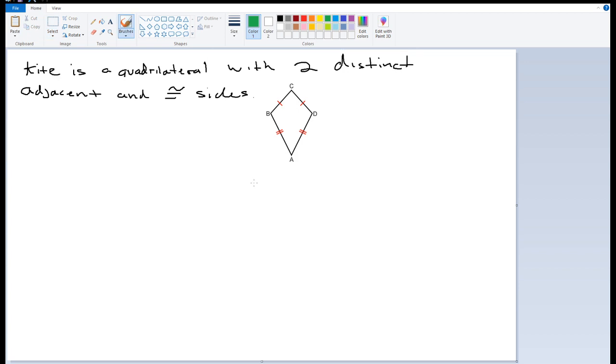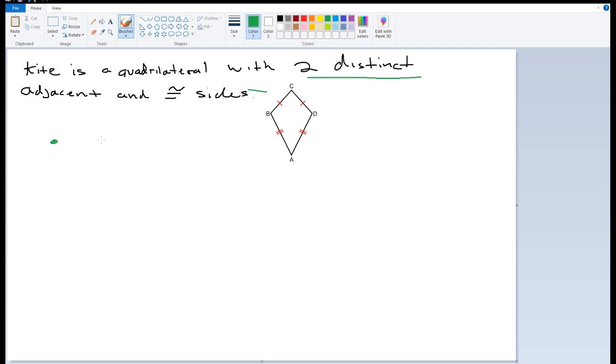So in this case we have kite CDAB, and as you can see, the two adjacent sides are congruent. That's why we say two distinct. Distinct really means different, unique adjacent sides. So CD congruent to CB, BA congruent to DA.